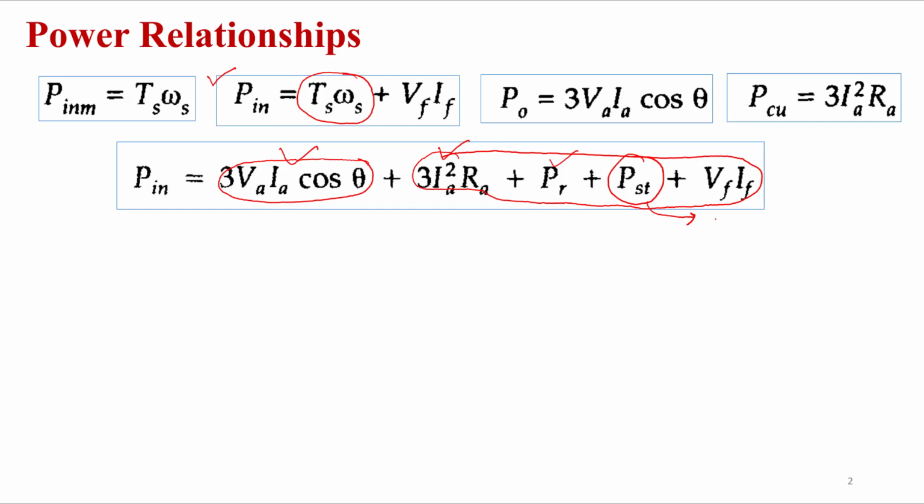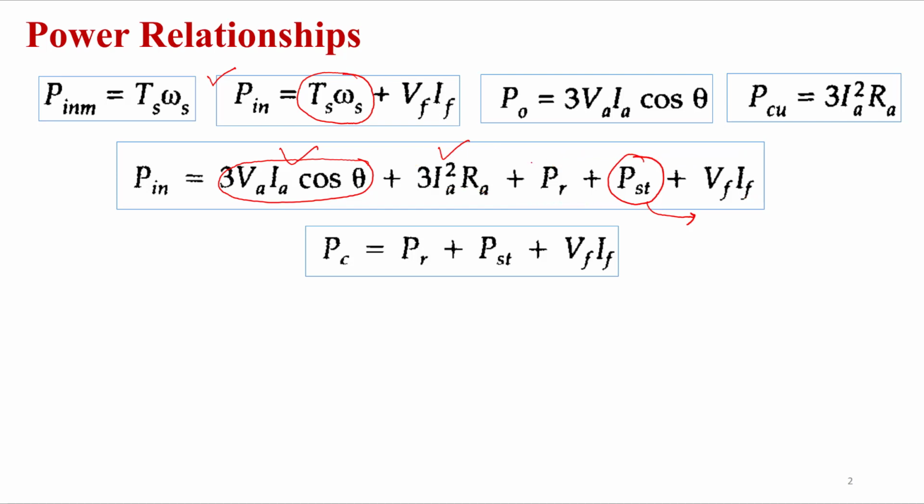Then VfIf, of course, is the power we give as input to the field, and that is the loss in the field, right? So these are the constant terms. We can say right now that Pr, Pst and VfIf. This is a rotational loss.